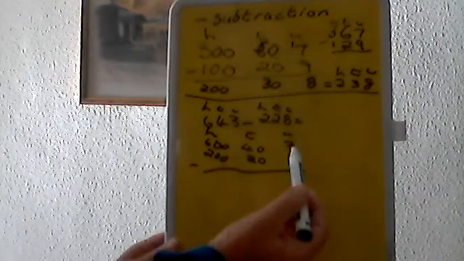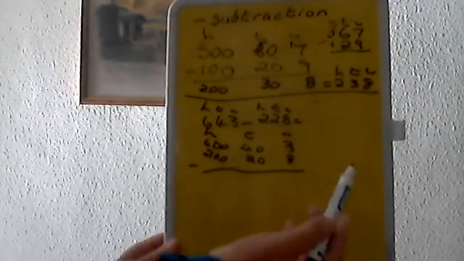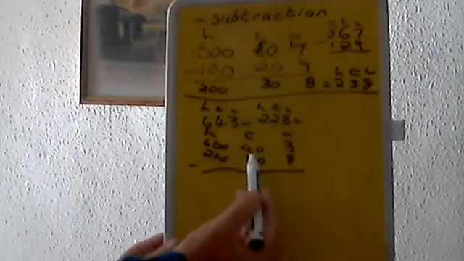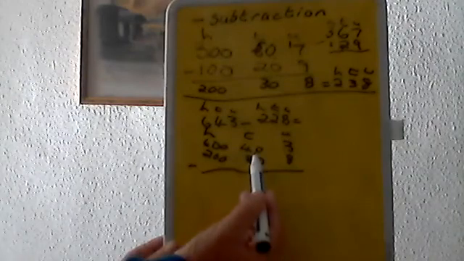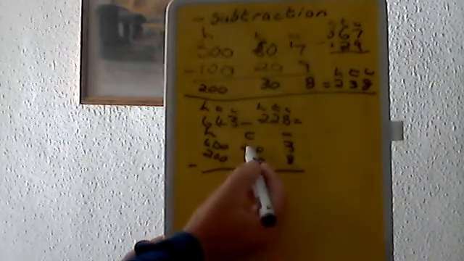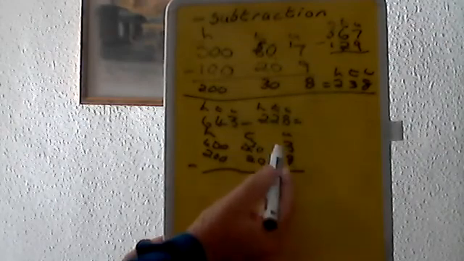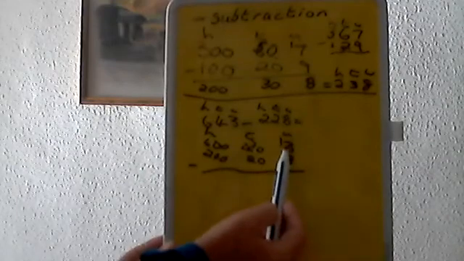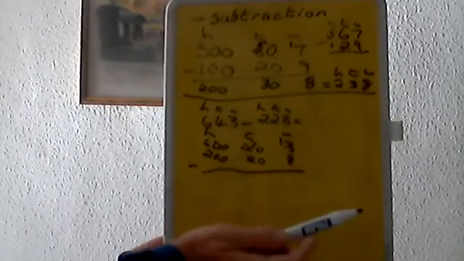Units first. 3 minus 8. Can't do it. So I'm going to go over to this 40 here. And I'm going to make it into 30. And the 10 I've got there, I'm going to put there so that I've got a 10 and a 3, 13 minus 8.